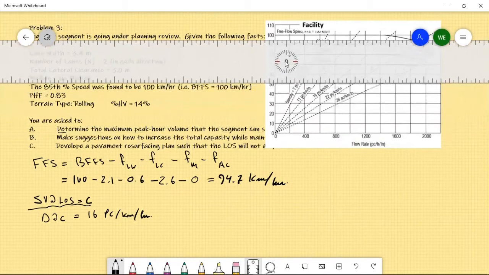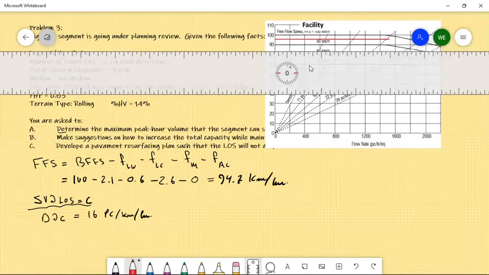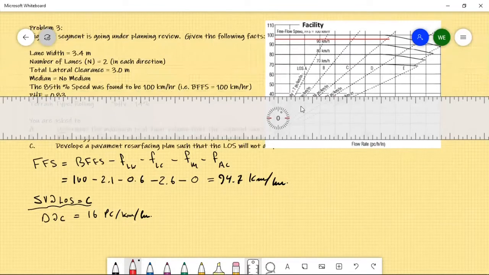Here, that's almost in this area. And let's plot a line at 94.7.